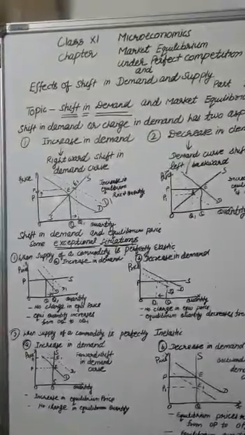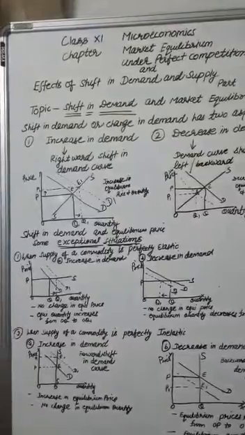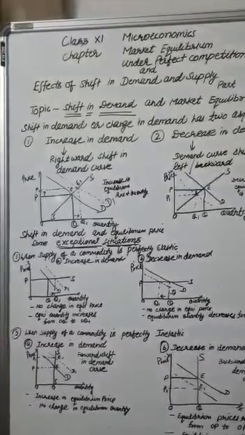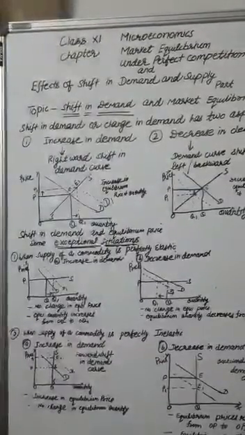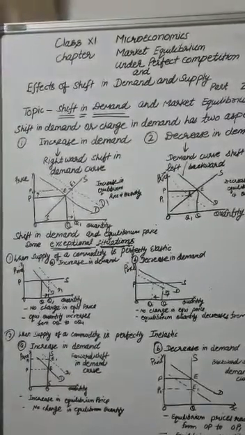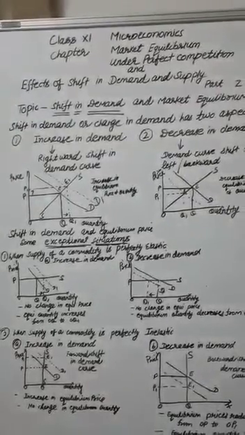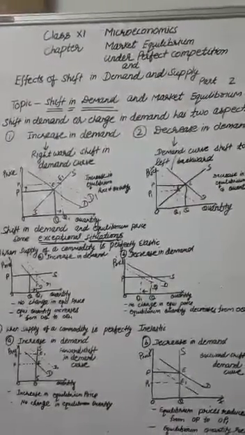Hello students, to continue with the microeconomics chapter, market equilibrium under perfect competition and effects of shift in demand and supply, part 2. Today's topic is shift in demand and market equilibrium.